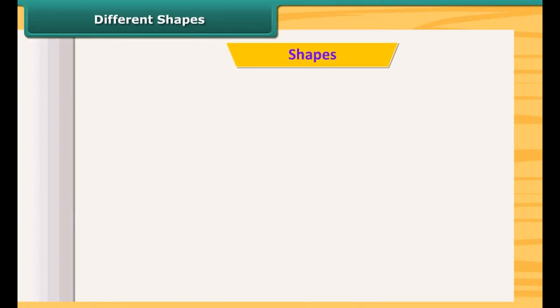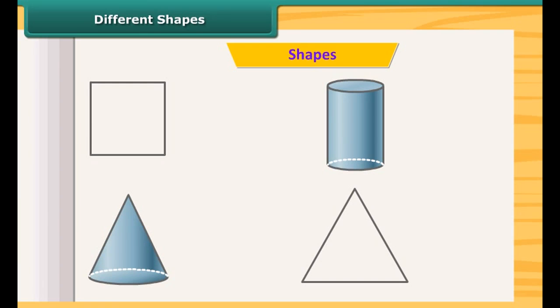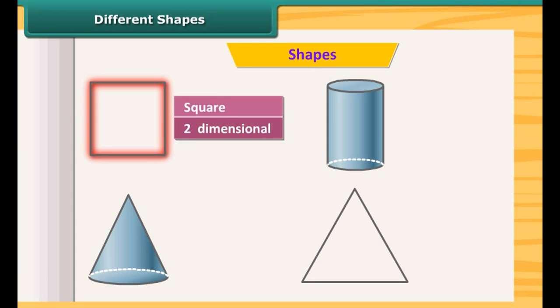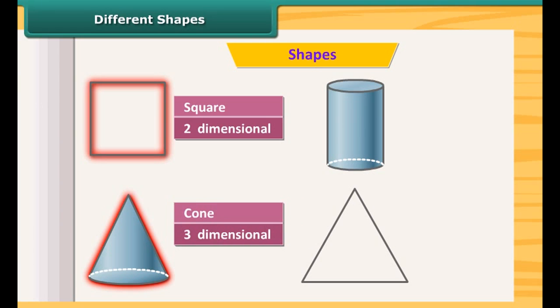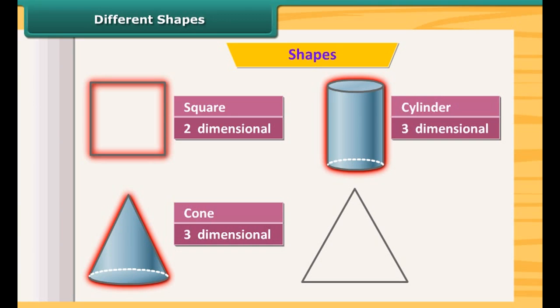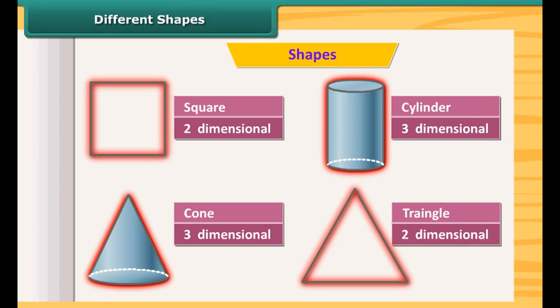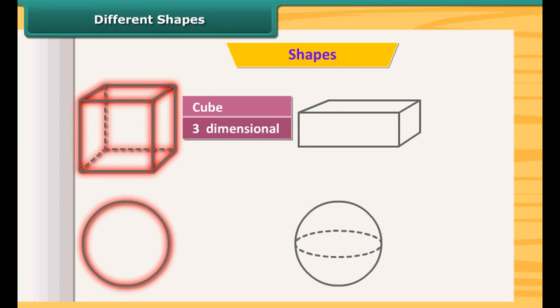Rita, let's play a game now. You know about the two-dimensional and the three-dimensional shapes. I will show you some shapes. You will tell me their name and their type. Okay, I'm ready. These are all the shapes. This is a square and this is two-dimensional. This is a cone and is three-dimensional.